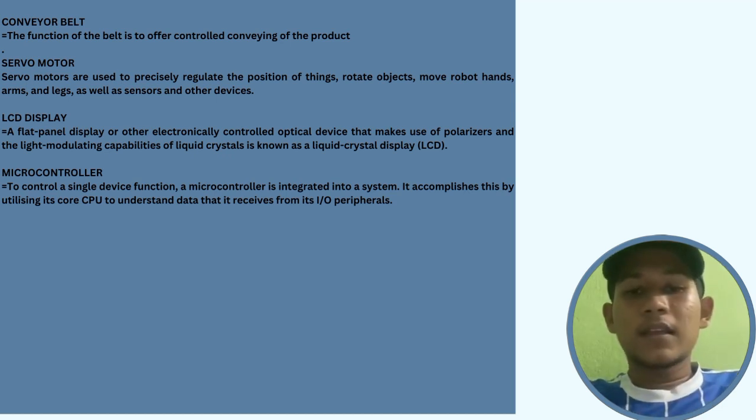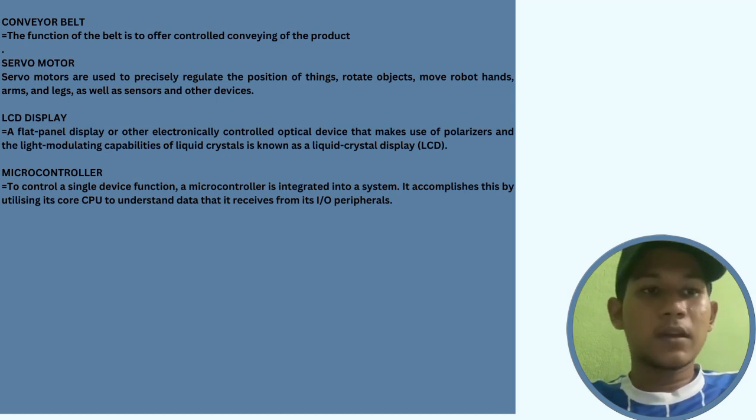For the last element, microcontroller. To control a single device function, a microcontroller is integrated into a system. It accomplishes this by utilizing its core CPU to understand data received from its I/O peripherals.